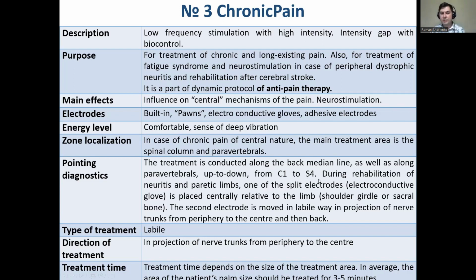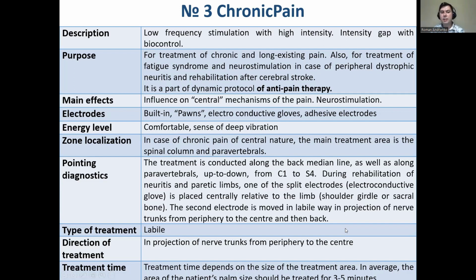The treatment is conducted along the first paravertebral line or first pathway, the back median line, as well as along the second and third pathways, the paravertebrals, up to down, only up to down, from C1 to S4. You can open up the scheme of the spine. You can see the paravertebral names, the vertebra names, and use it as a guideline.